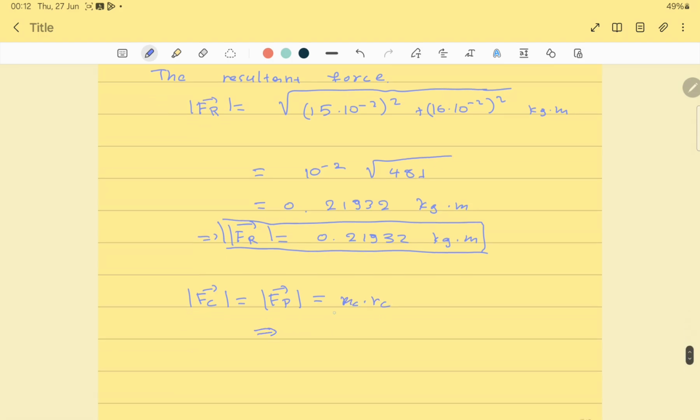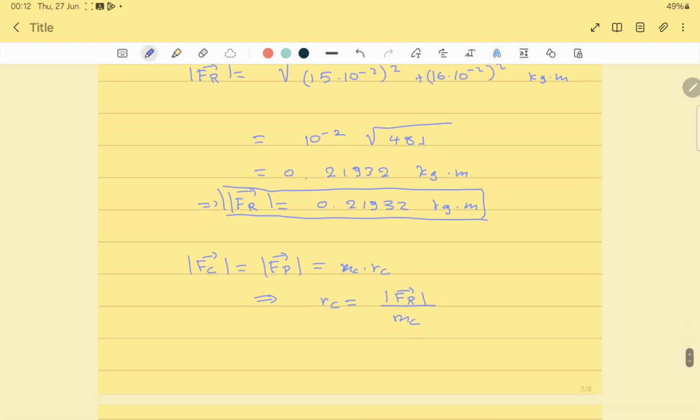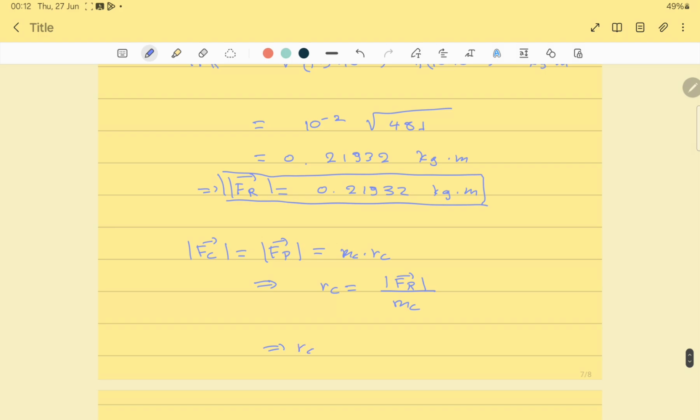So from here I can specify the radius rc by taking the resultant force and dividing by the mass mc. And what I get is 0.073 meters, or rc equals 73 millimeters.